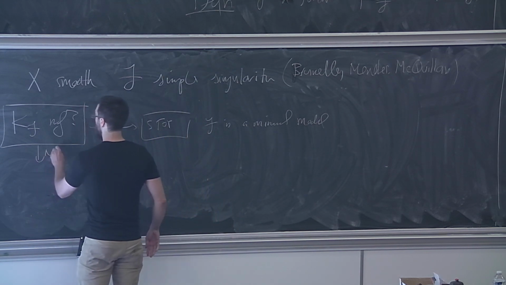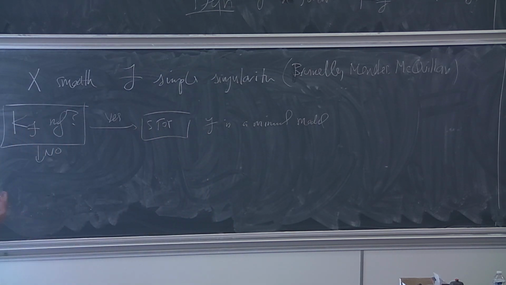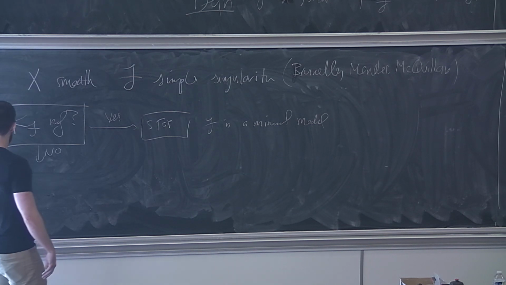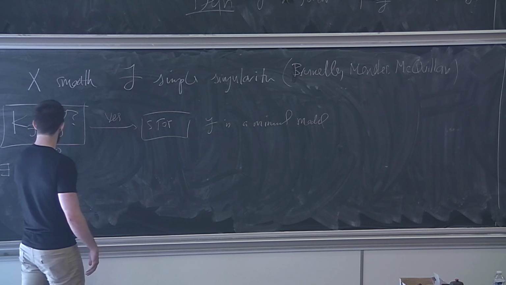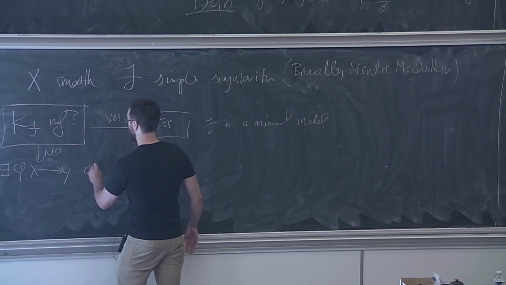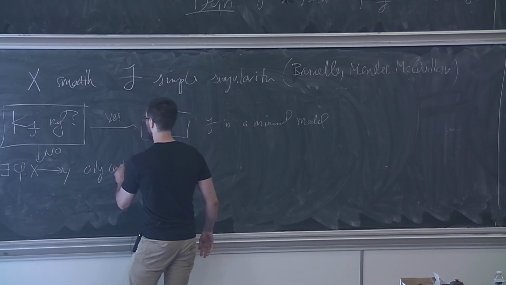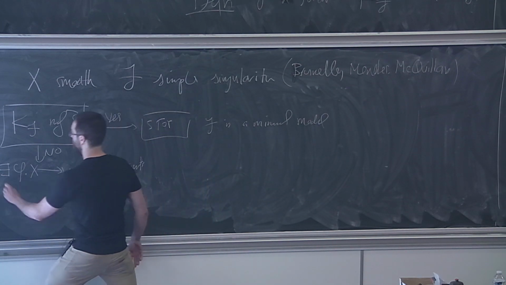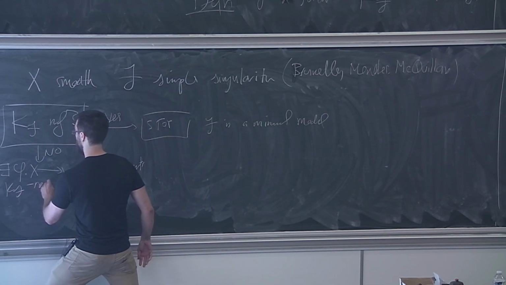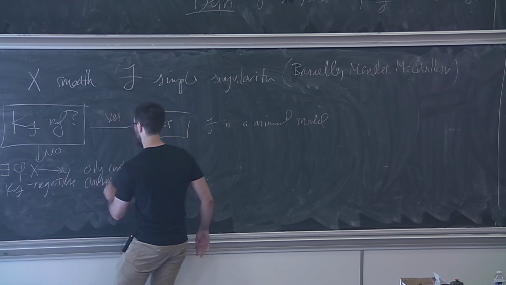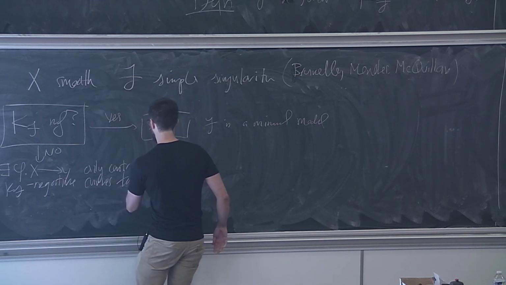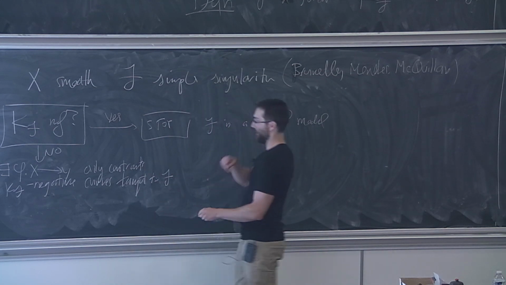Otherwise, there exists a contraction, a morphism phi from X down to Y, which only contracts K_F-negative curves tangent to the foliation.